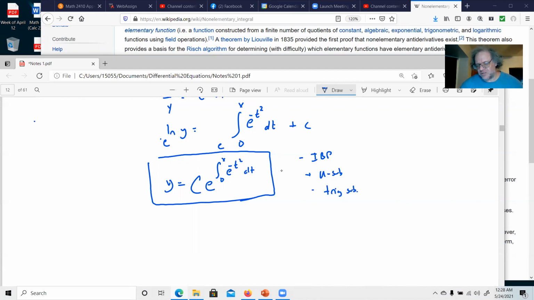Not so much trig substitutions, but integration by parts integrals are pretty common to throw into stuff like this. So just to warn you, despite all my examples tonight, these are usually pretty tame. So I'm going to leave us with that, and we'll talk about how to solve linear differential equations next time.